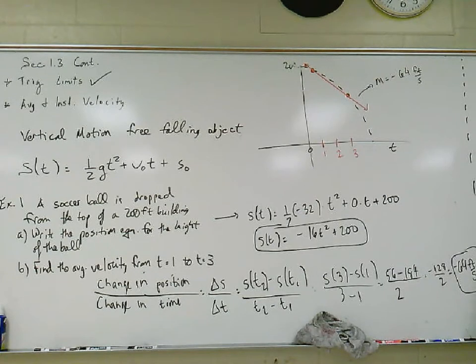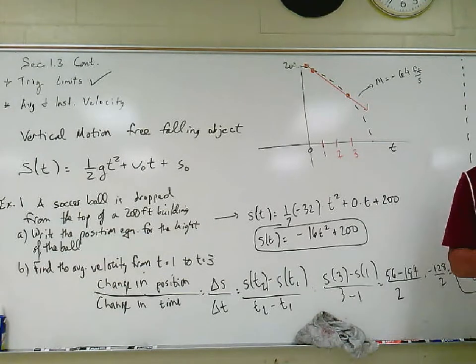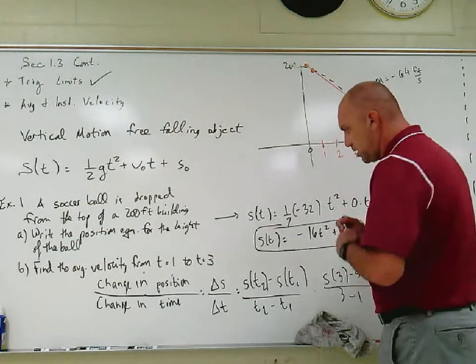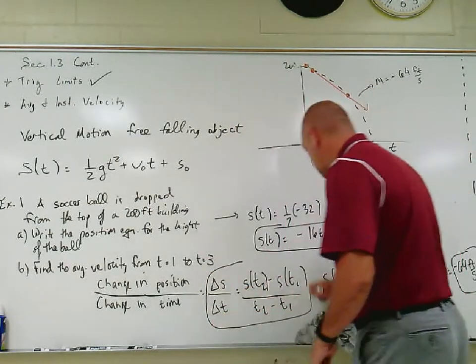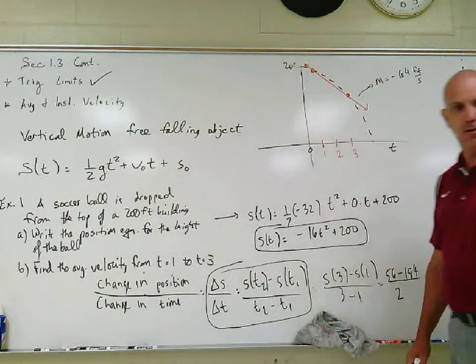But this is not calculus. We're going to talk about calculus now. All this is just stuff we could have been doing before this point, maybe in algebra, pre-calculus, physics, and things like that. So anytime you want average velocity, change in position over change in time, you use that.